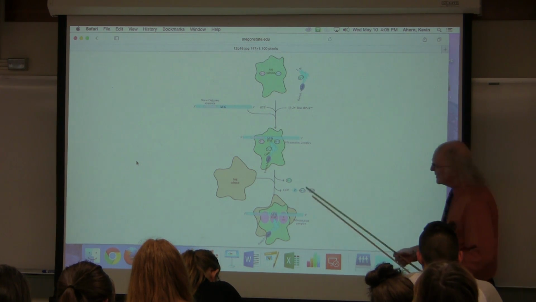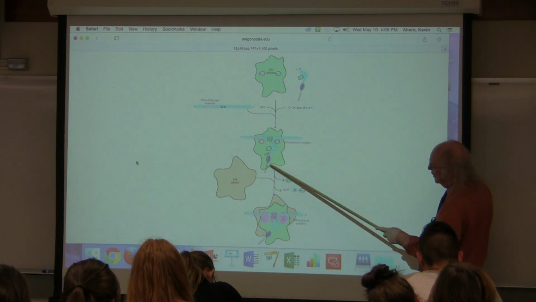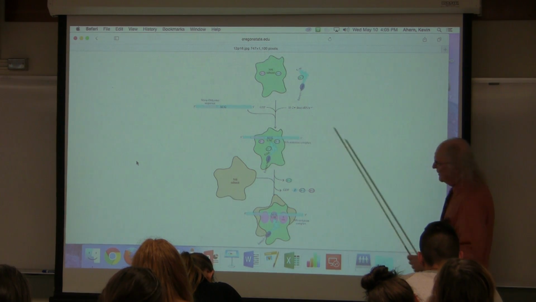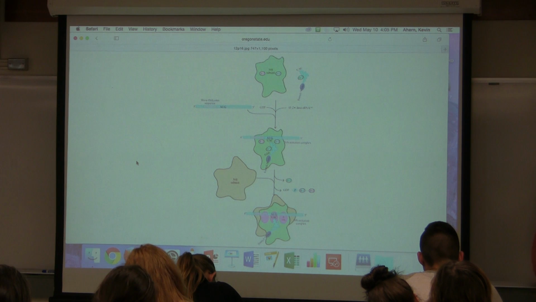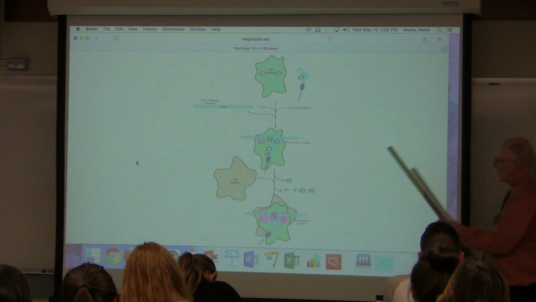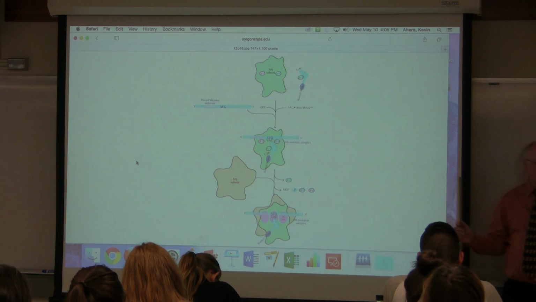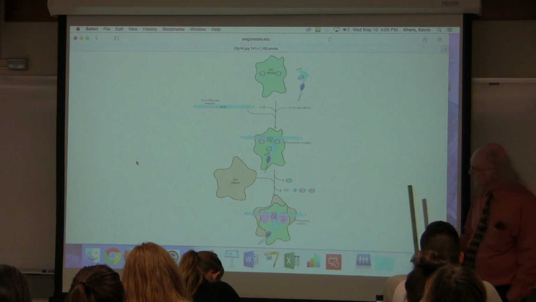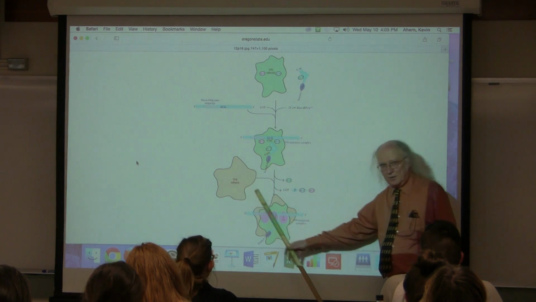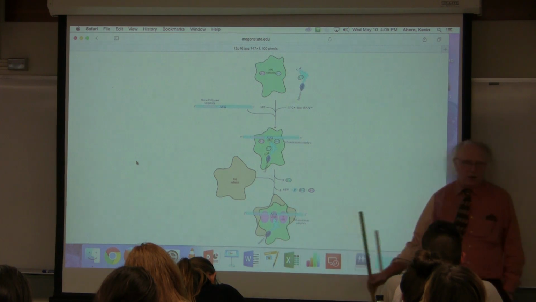We also saw in the process that after these guys form a complex, we have the tRNA that carries the initiator, formylmethionine. Remember, that's a methionine that's got a formyl group put on it, that comes in and forms a base pair with that initiating codon AUG. And after that, the large subunit comes in, and we have the entire complex then ready to go.